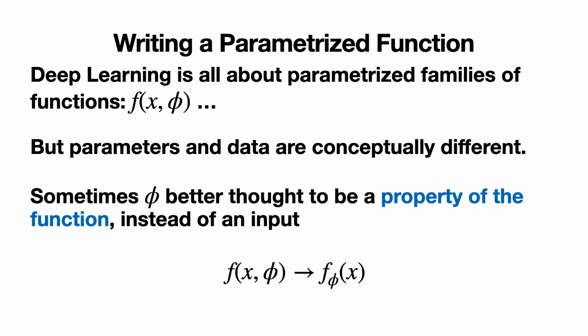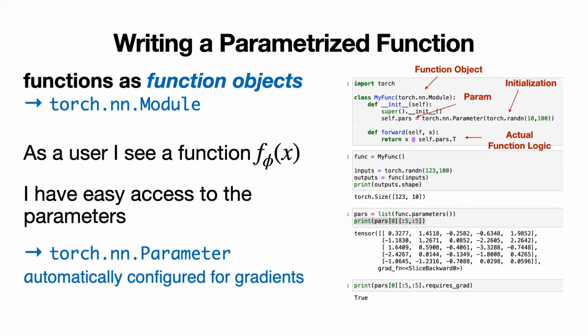So the parameters are better thought of as a property of the function instead of an input to the function. You can think of it either way, but it's sometimes useful to think of the function as having the parameters as, mathematically, a subscript. So that's math. How do we do this in code? There are function objects.